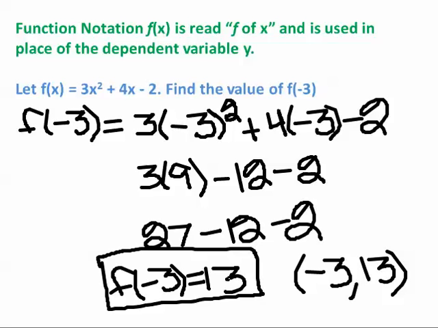You took your x, you plugged it in for this function, and you found 13. If you were to graph this and look at where your x is negative 3, your function is going to cross at 13 on the y.